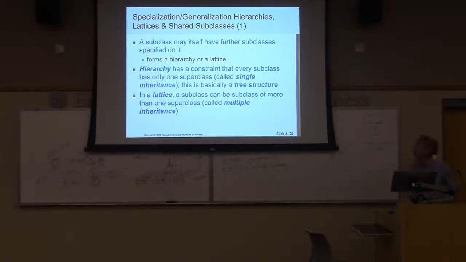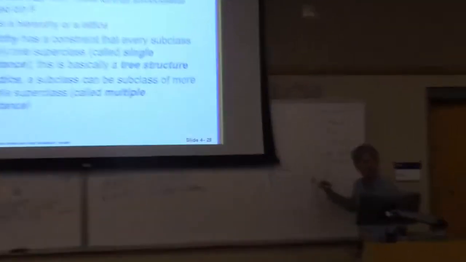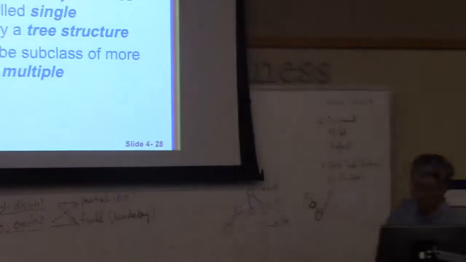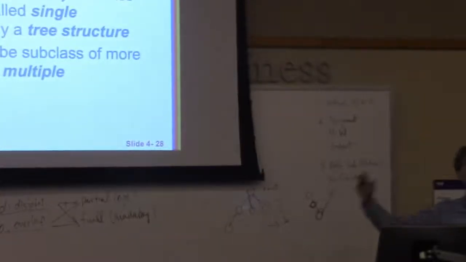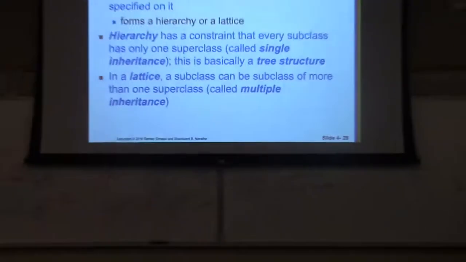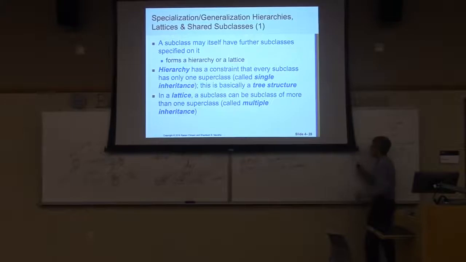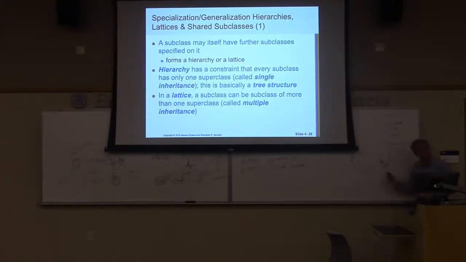However, if you allow multiple inheritance, like we have a relationship and also another relationship to the subclass, that is called lattice. Lattice is a more generalized ER diagram. Okay? So the tree structure that you know is a hierarchy. It's the simple inheritance. But if you have multiple inheritance, that is called the lattice structure.